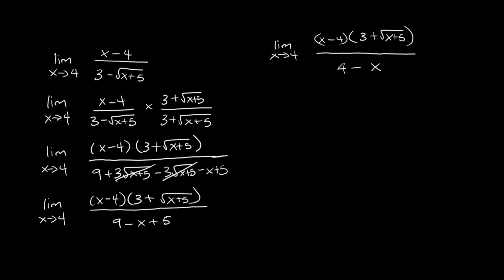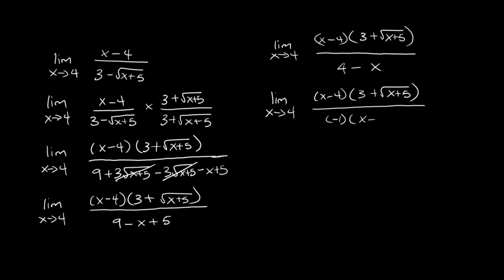And now that we found this, we would like to cancel this figure right here, x minus 4, with this. Now we need to make this look a lot more like this, and so we could take out negative 1 from our denominator, and so this should be the limit as x approaches 4 of x minus 4 multiplied by 3 plus the root of x plus 5, divided by negative 1 multiplied by x minus 4.